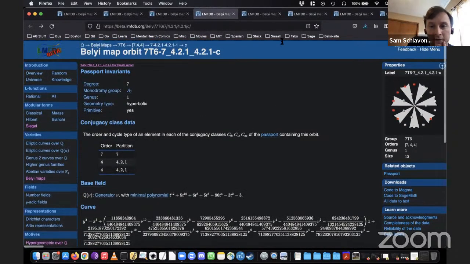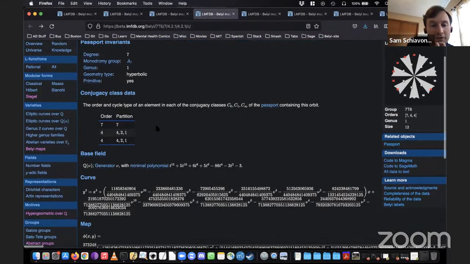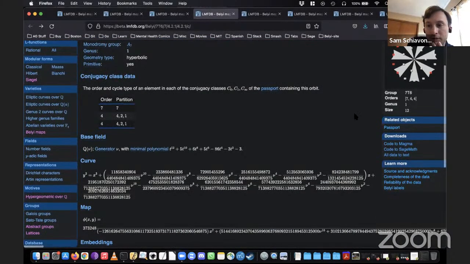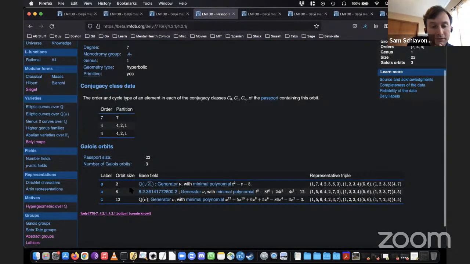Okay, so here's another map that you might find interesting. Here's a genus 1 map of degree 7 defined over a field of degree 12. And here, the passport has 3 orbits. You get one orbit defined over this quadratic field, another defined over this degree 8 field, and finally one defined over this degree 12 field.